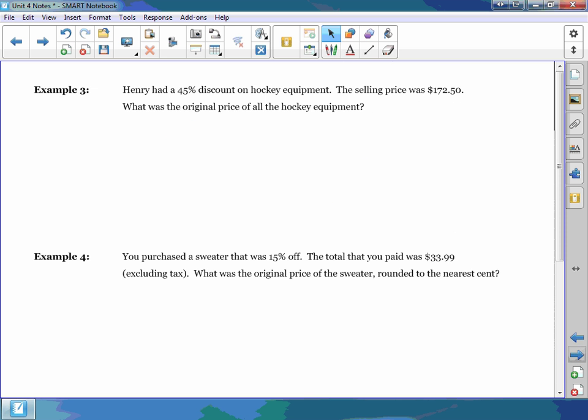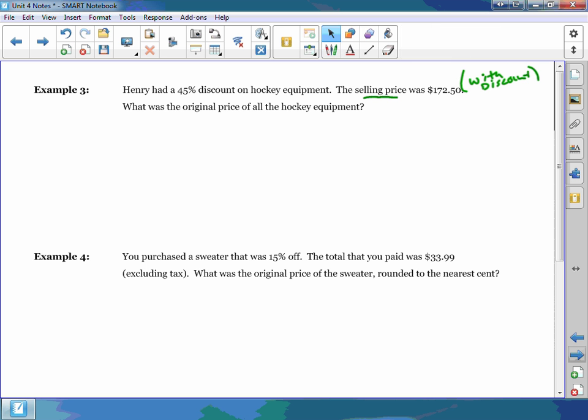All right, Henry has a 45% discount on hockey equipment. The selling price was $172.50. Now, when it says selling price, guys, remember your definition from above said sale price, like selling price, is the amount you paid. So that is with the discount. This is with the discount. Original price.